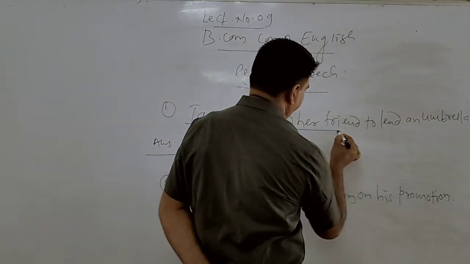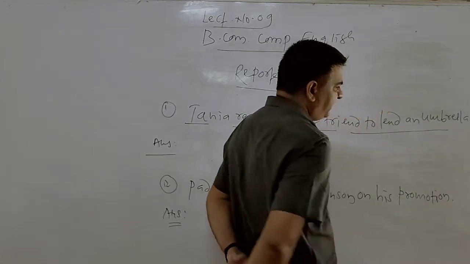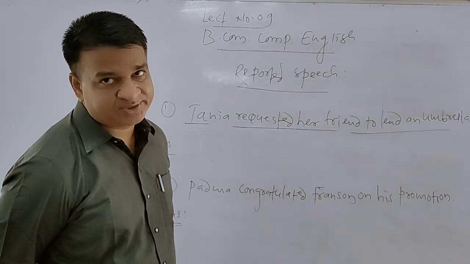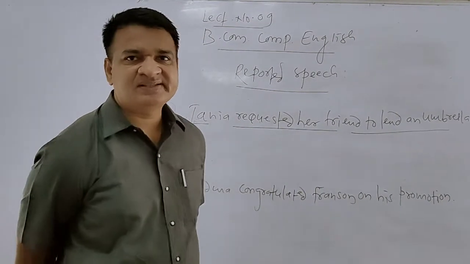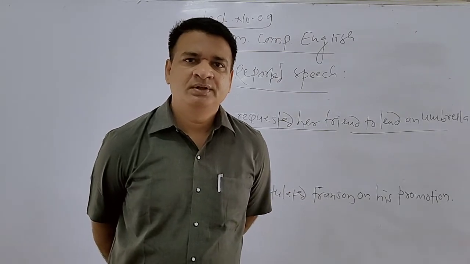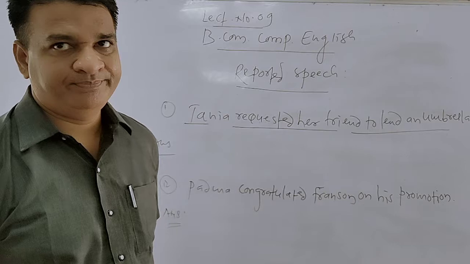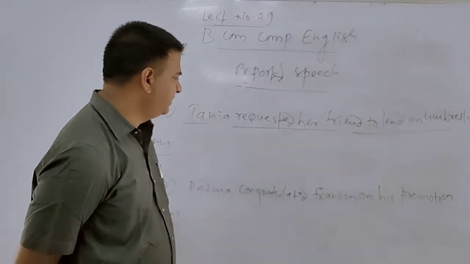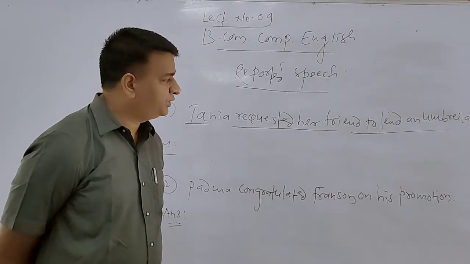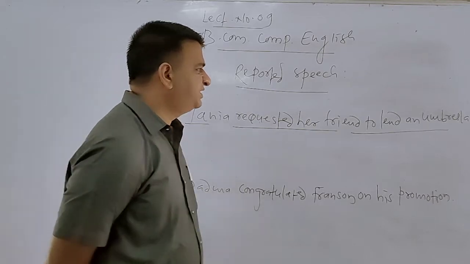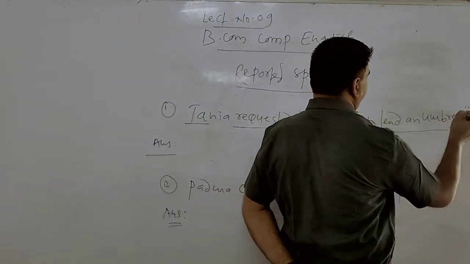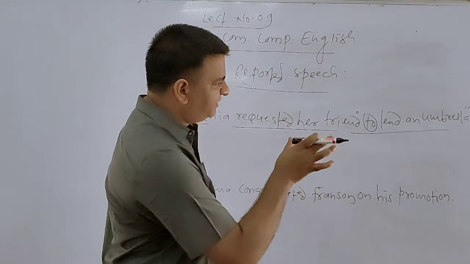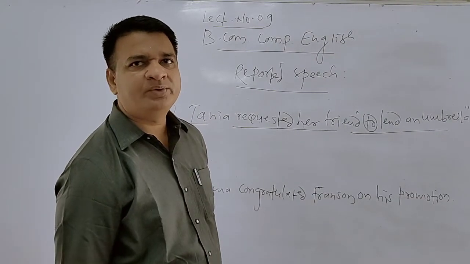Tanya requested her friend to lend an umbrella, meaning to give her an umbrella. Requested means the sentence shows an imperative one, and we use 'please' there and remove the request. The content we have added with 'to', that 'lend an umbrella', remains within inverted commas.